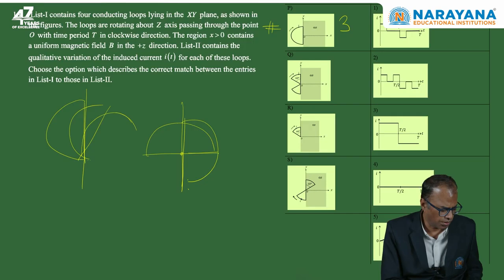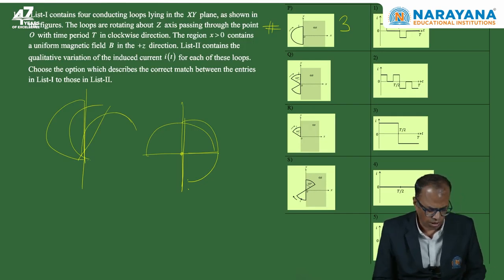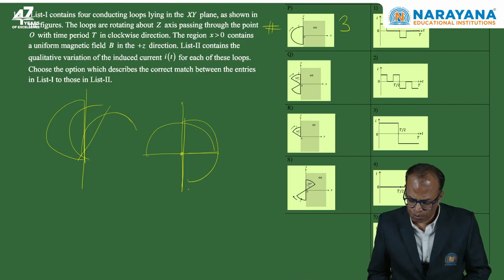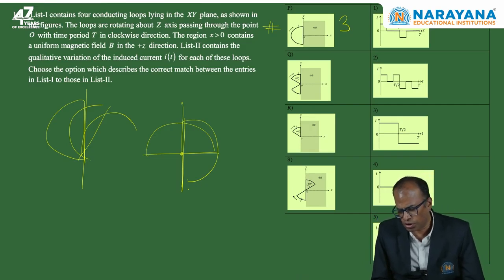Okay, this is the question here and I have the options also. I will match it up. So P goes with 3. Then let's talk about Q. So Q, this angle is 60 degree and this must be 60 again, 60 again. So when it turns by 60 degree, flux increases. After that, for the next 60 degree, there is no change in flux.